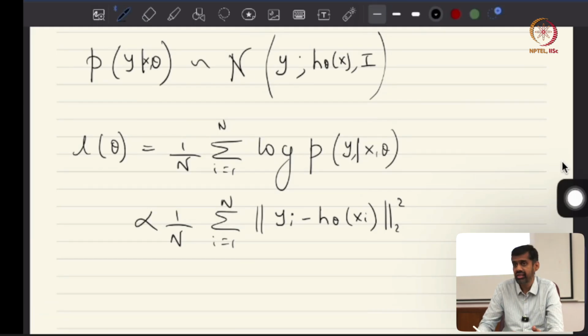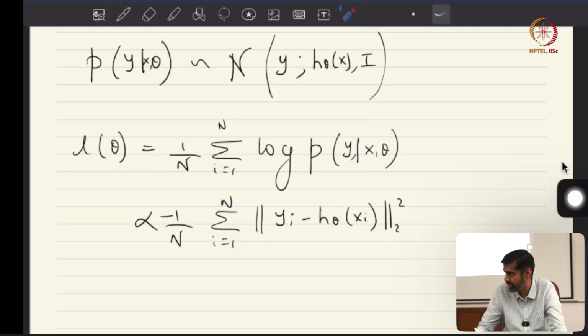This is our likelihood function that we would maximize. There is a minus here, because if we minimize that, then the minus will go away. The normal distribution will have e power minus this quadratic term, and that minus will just come here, and we maximize the likelihood, which means that we minimize the negative of it, which will be equivalent to our ERM objective.